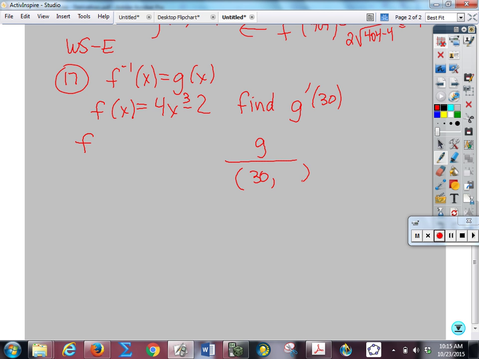Because if I can find f prime of something, g prime of 30 is just going to be the reciprocal of this one. So I've got to figure out what to plug in so I can find the slope. So I know that my y coordinate on the f is 30.